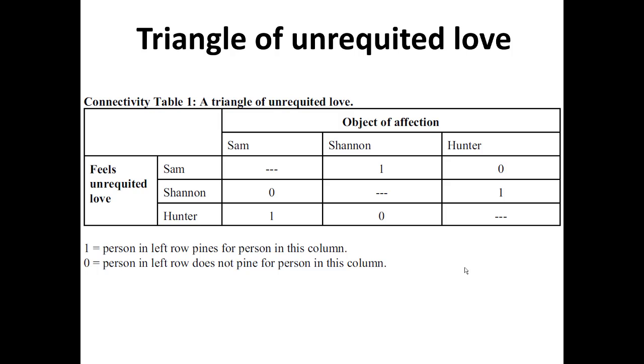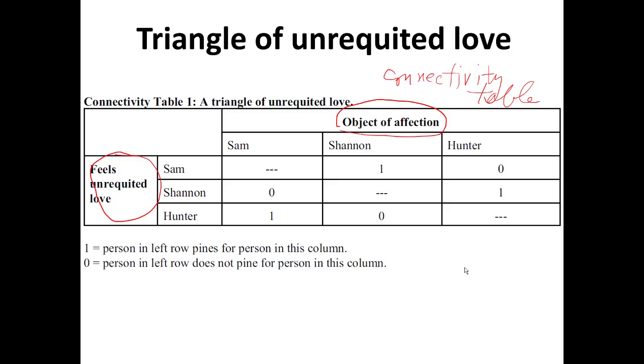And one of the benefits of using a connectivity table, so here is an example of a connectivity table, and they'll have other names sometimes too, is that this connectivity table contains the same information as that directed graph we just looked at. And what it tells us is who's the object of affection up here, and who feels the unrequited love.